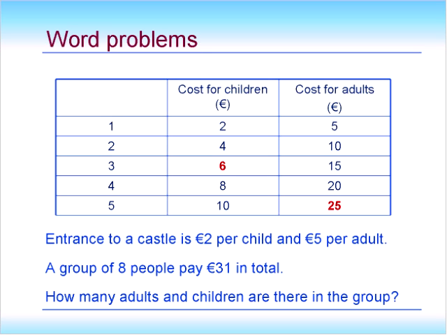Okay. Now with children, I would encourage them to have some sort of table of results. So again, looking at the question, you've got the cost for each child, cost for each adult, and we go back to the original question. 6 add 25 equals 31.